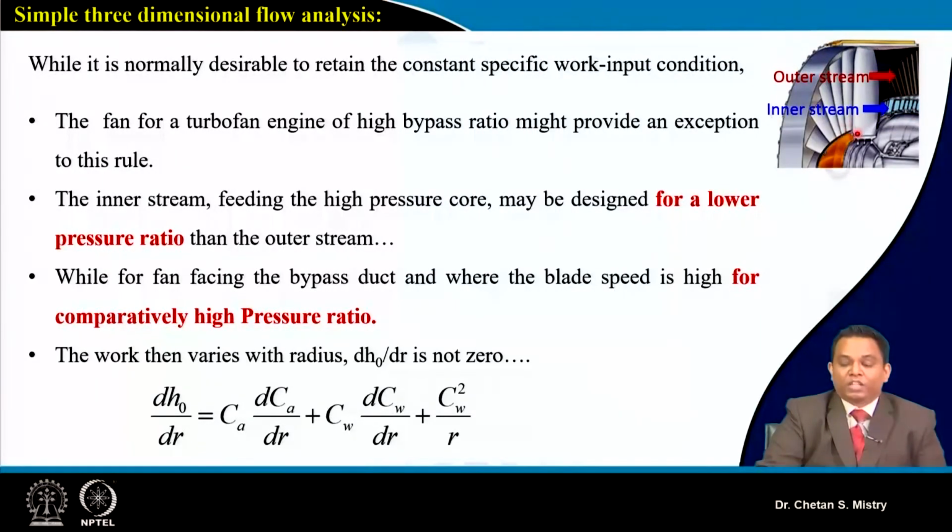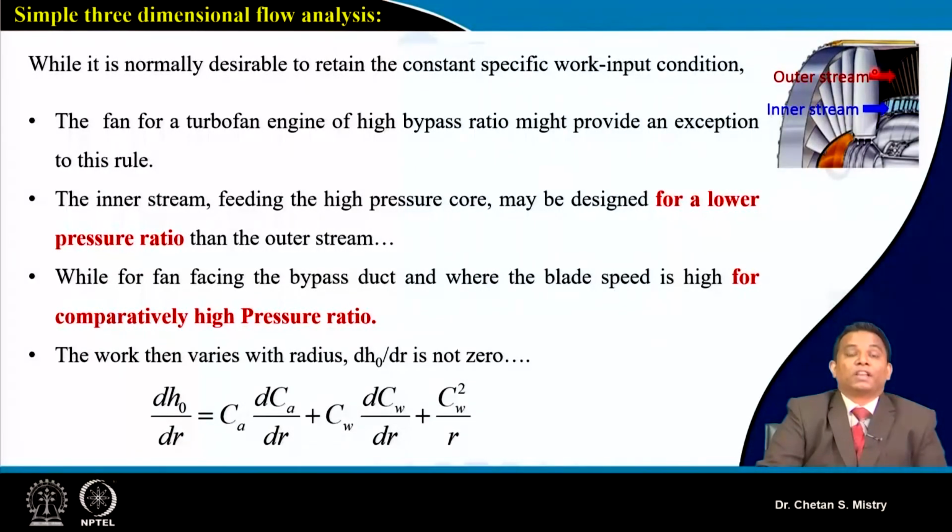And that's where the pressure ratio requirement is to be lower. So the air entering inside this core enters at the low pressure. When we consider the outer stream, that has a high pressure ratio.